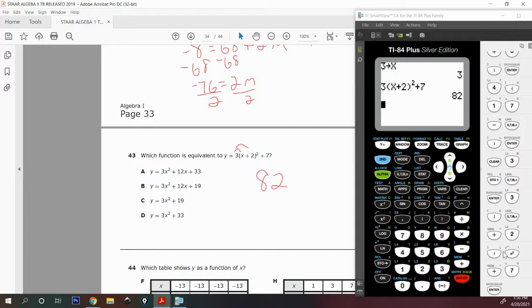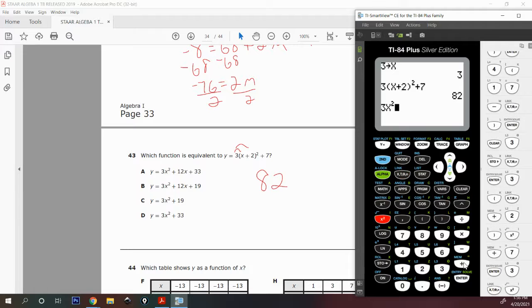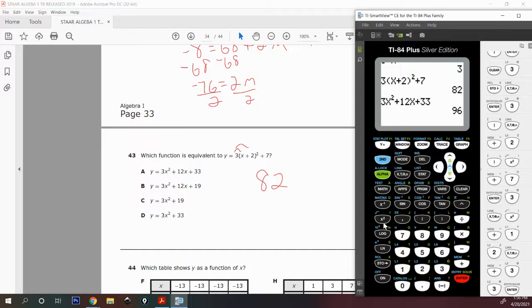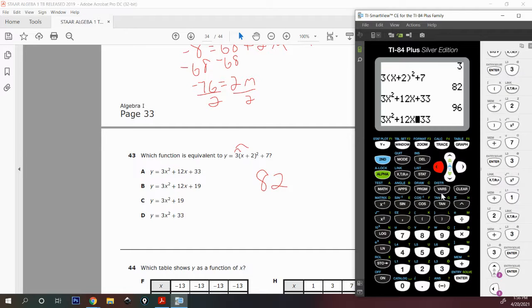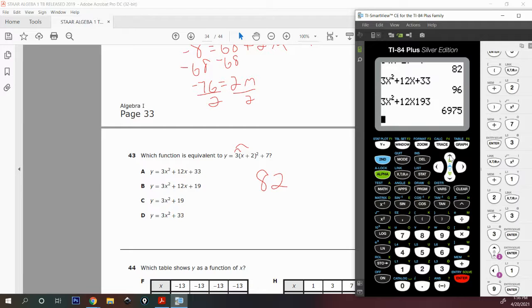We're going to go through and we're going to check all these, and we're going to try to find an answer of 82. So 3x squared plus 12x plus 33 makes 96. All right, let's try that again. Well, let's change that 33 to a 19. Oh, that did not work.